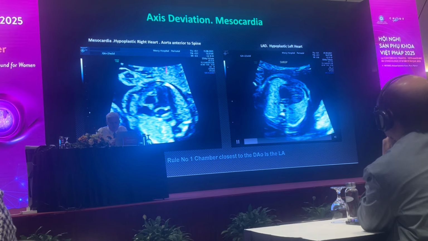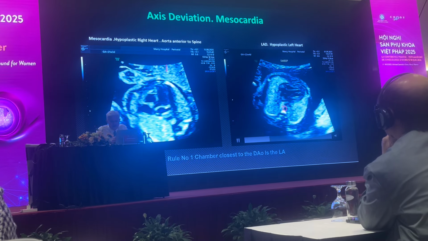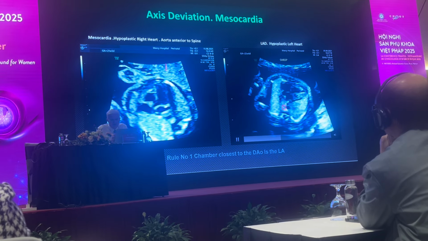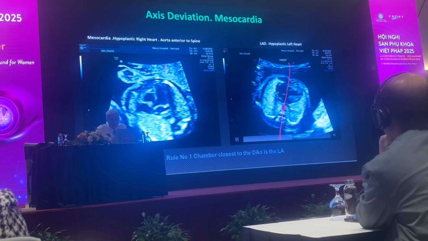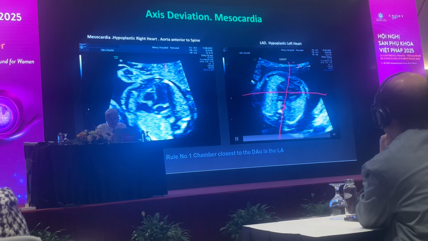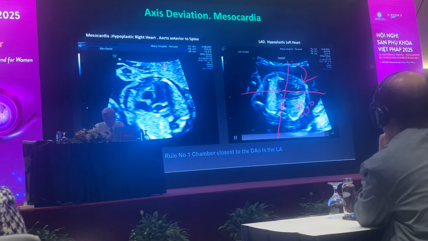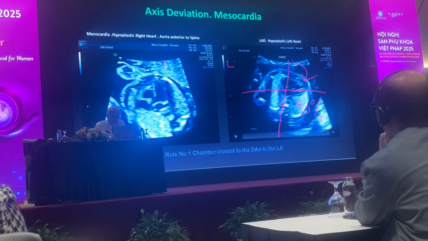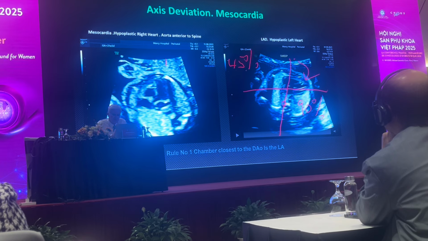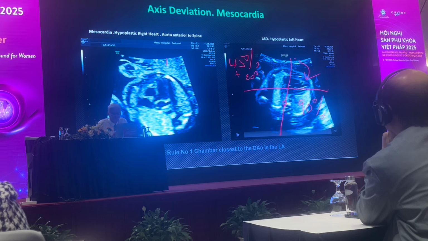In this baby, the aorta is to the left of the spine, but if you look at a line through, the axis of the heart is rotated to the left. This is 90 degrees. The normal heart is 45 degrees, plus or minus 20 degrees.